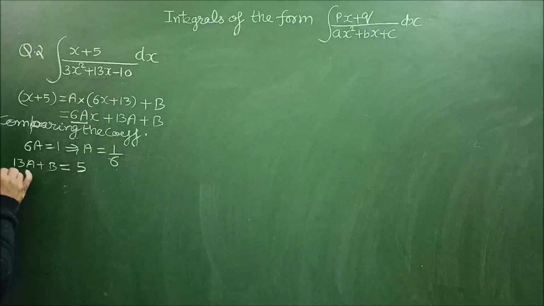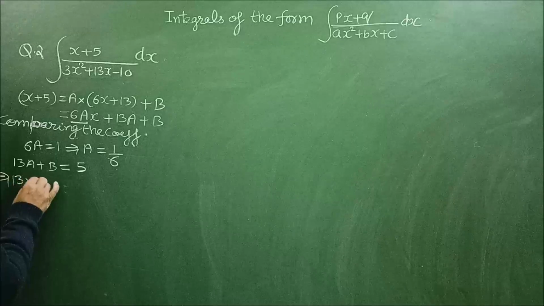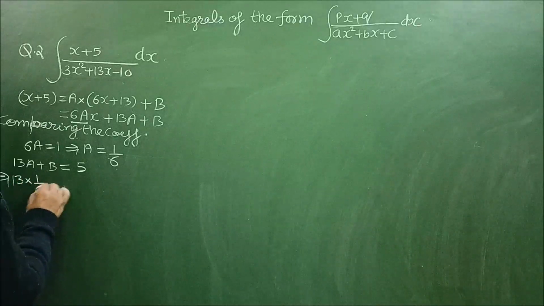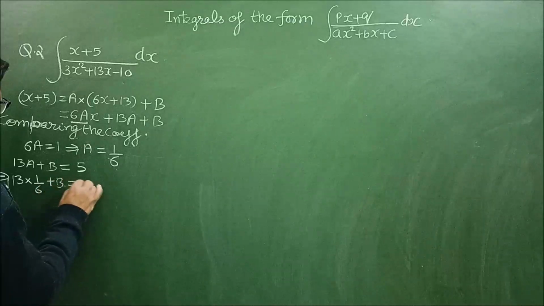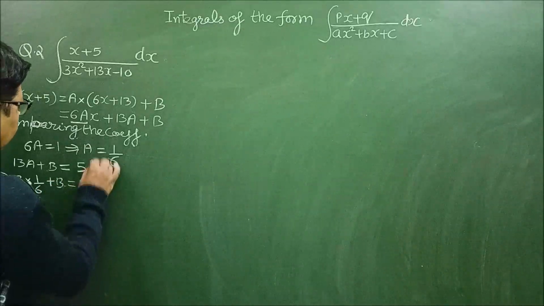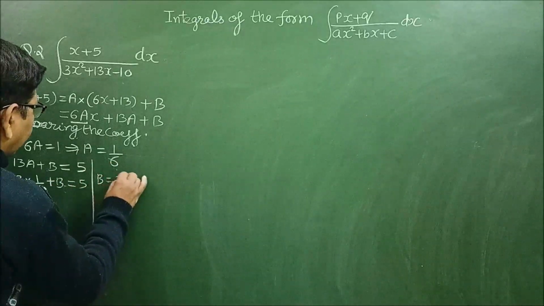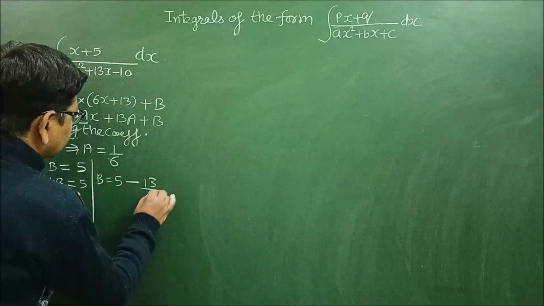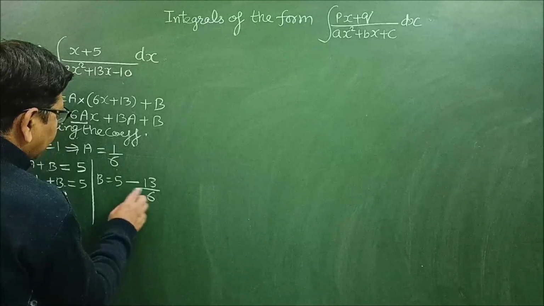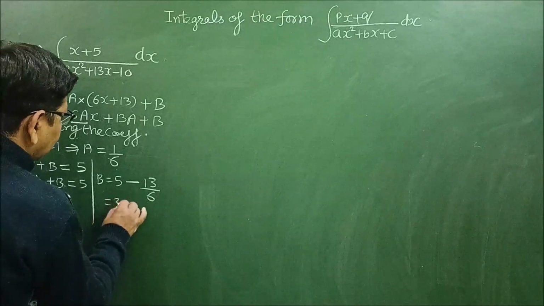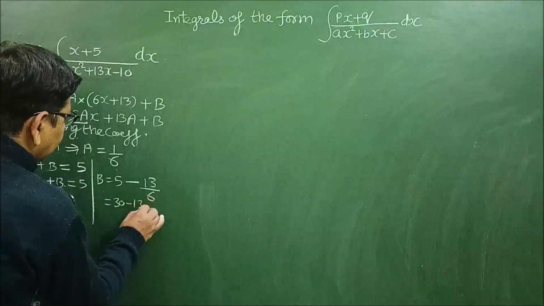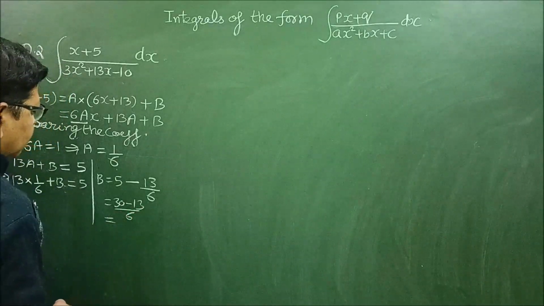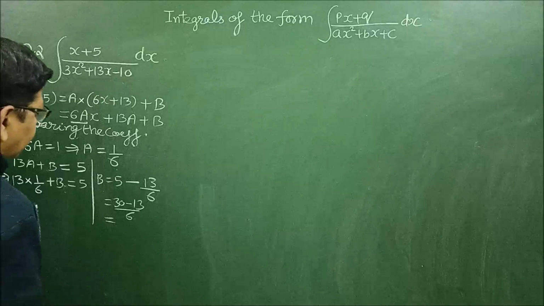Now putting the value of a, 13 into 1 upon 6 plus b is equal to 5, that is the value of b is equal to 5 minus 13 upon 6. So 30 minus 13 upon 6, which is equal to 17 upon 6.